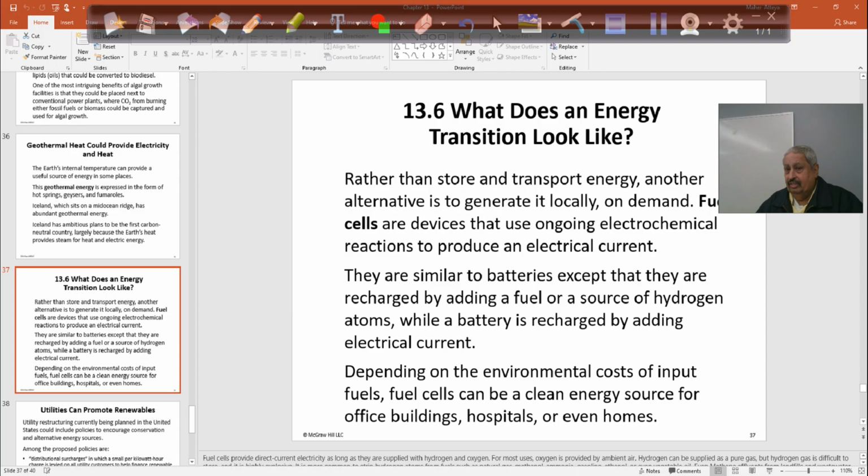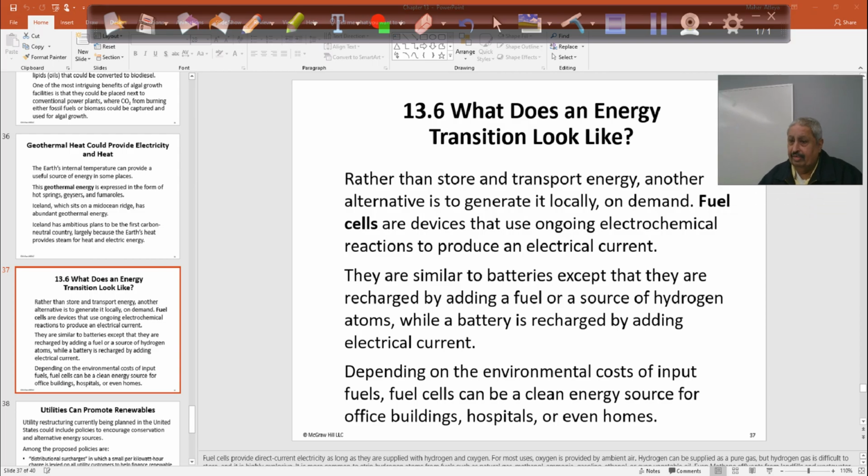What does an energy transition look like? Well, rather than store and transport energy, another alternative is to generate it locally on demand in fuel cells. So fuel cells are devices that use an ongoing electrochemical reaction to produce an electrical current. Where can we find those guys?